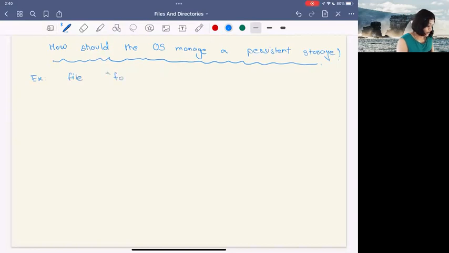You can name your file as your name, or let's call it foo. And this file foo has an inode number, which is unique to each file.